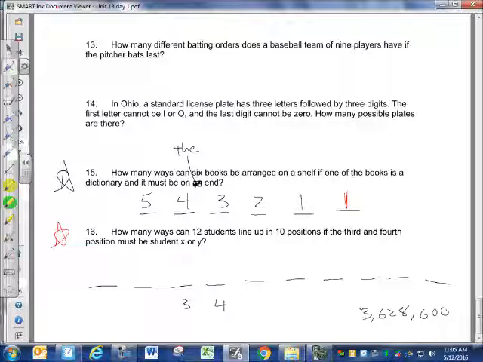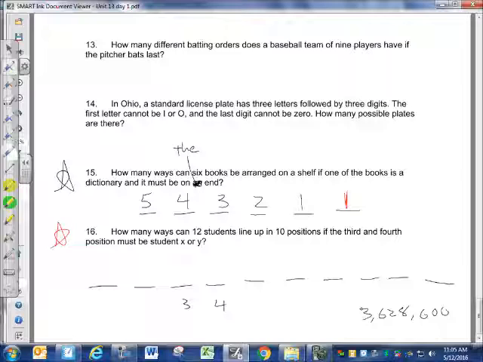Wait, what'd you say? What was your answer? Nope. It's close. Wait, what was your answer? 3 million? I got 7 million. Yeah, but that's too many spots. 10 spots. 1, 2, 3, 4, 5, 6, 7, 8, 9, 10.